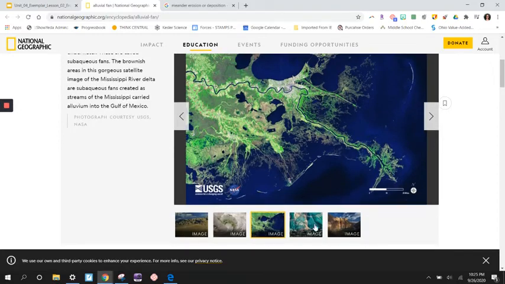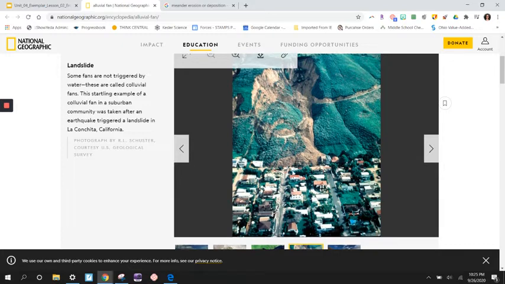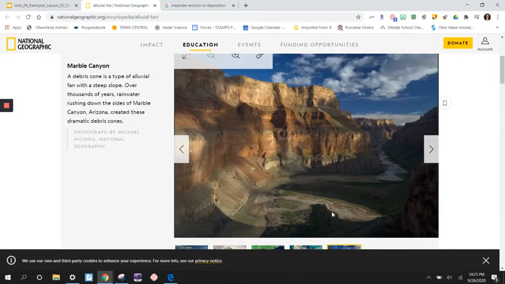Some alluvial fans are not triggered by water, but they can be triggered by an earthquake or a landslide, as you see here. A debris cone is a type of alluvial fan with a steep slope.